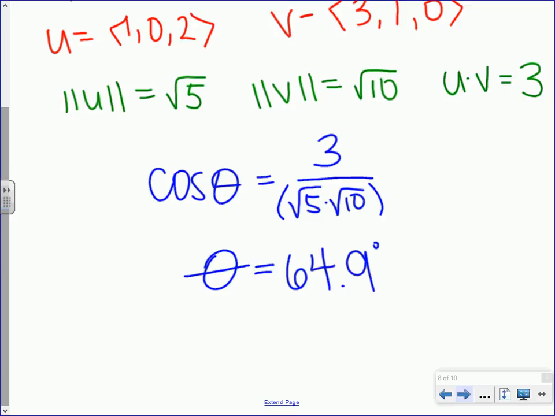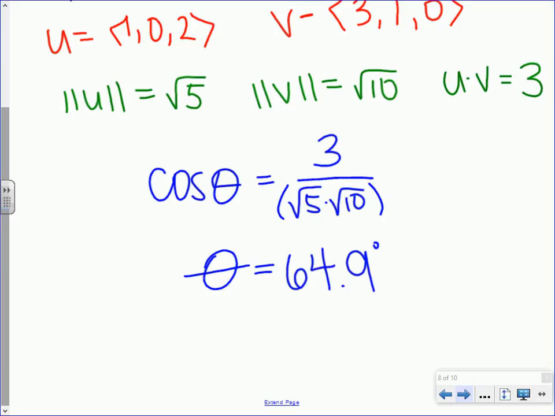Now, we do have some special things that happen. If this is a 90-degree angle, what special calculation happens? What's the cosine of 90 degrees? 0.